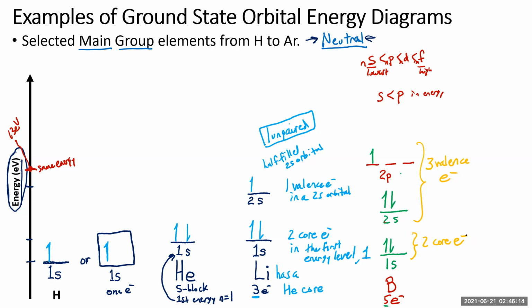There's no fixed rule about that. You simply count them up. So energy level 2 contains the s and p orbitals, which hold all the valence electrons. Energy level 1 contains the core electrons for boron. That's for boron because it happens to have only 2 energy levels within its structure. And we have 1 unpaired electron.